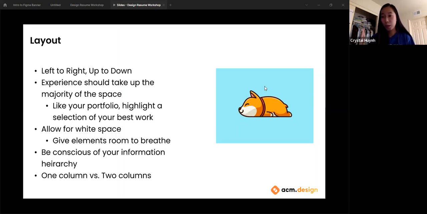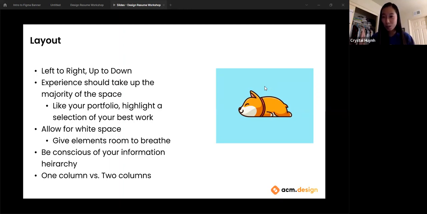That's essentially the main part that you want the recruiter to take away and notice when they're reading through, like, hey, you've worked on all this, you have all these skills, that's really cool, and you have a good amount of experience. Allow for white space. Unlike other industries, for design you can space things out and let elements breathe, which is really nice.